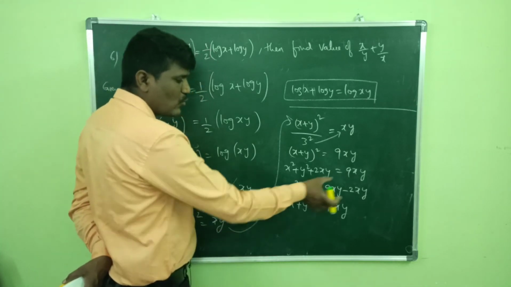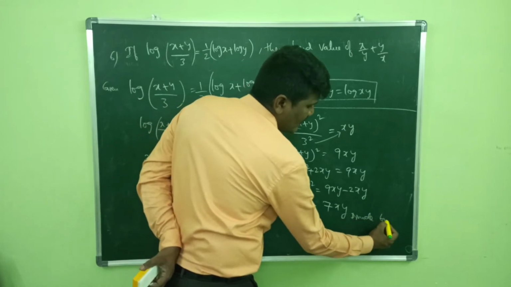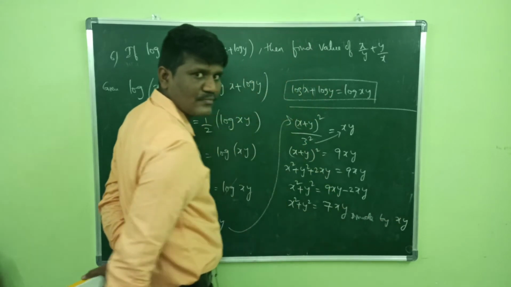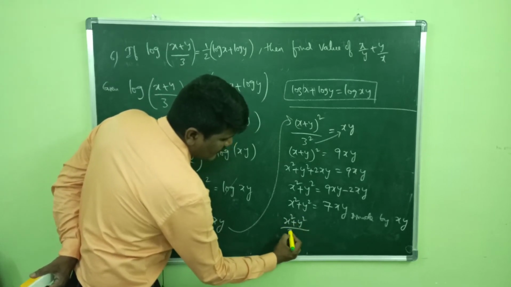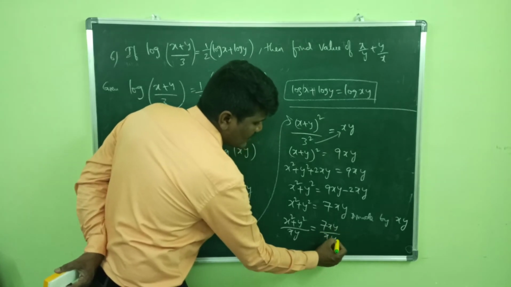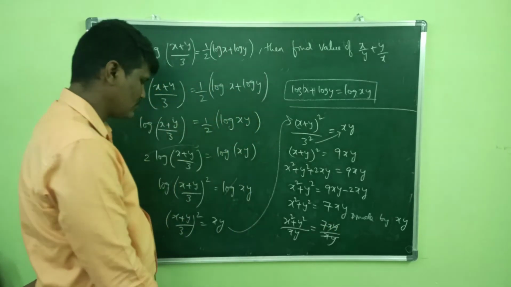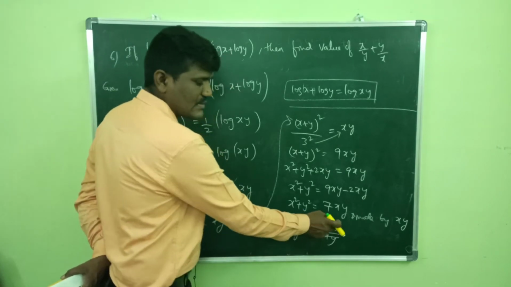So now divide both sides by xy. What will it become? x square plus y square by xy is equal to 7xy by xy. xy cancels. So x square plus y square by xy is equal to 7.